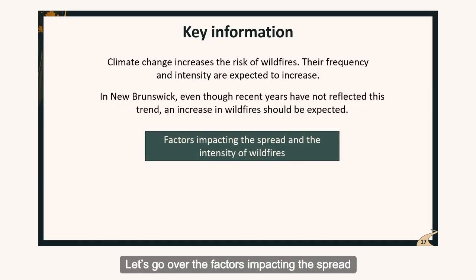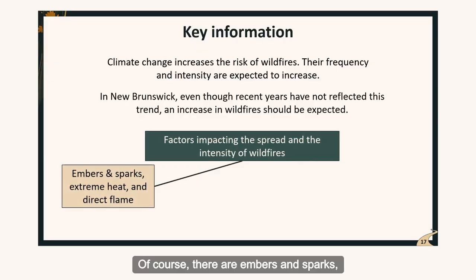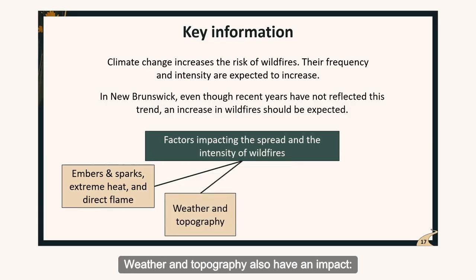Let's now go over the factors impacting the spread and the intensity of wildfires. Of course, there are embers and sparks, extreme heat, and direct flame. Weather and topography also have an impact. Temperature, humidity, wind, the landscape, whether it is a slope, for example.